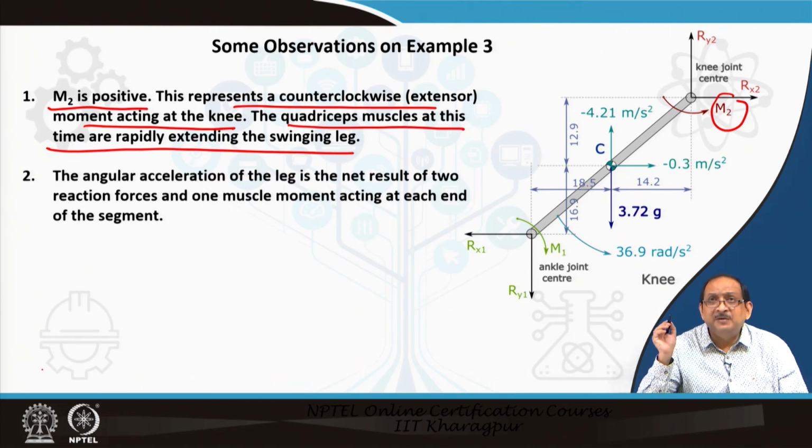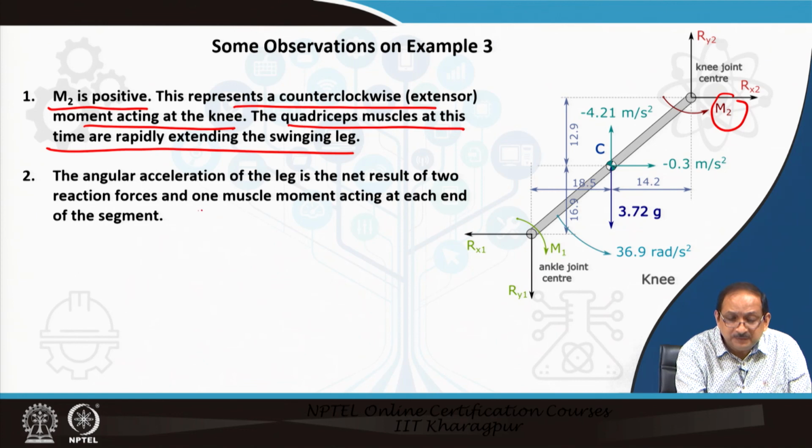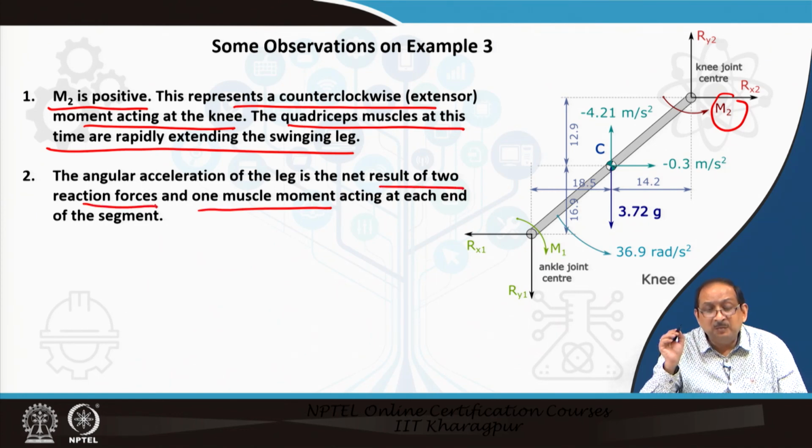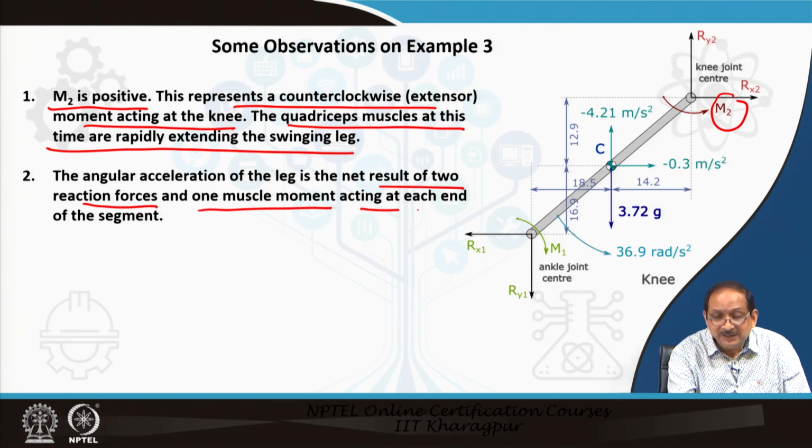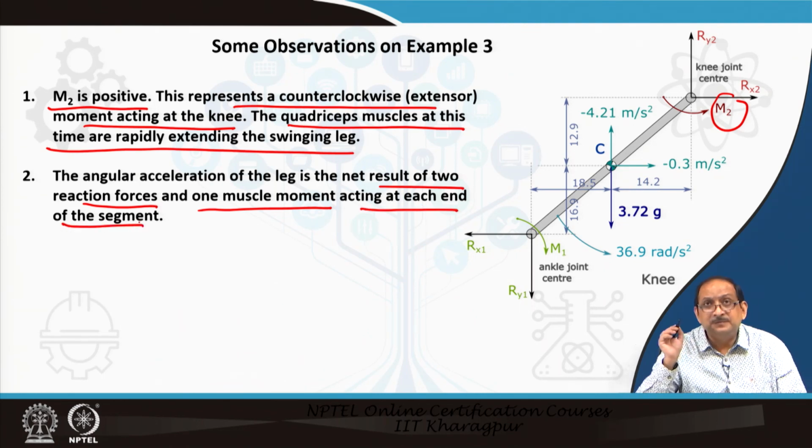The angular acceleration of the leg is the net result of two reaction forces and one muscle moment acting at each end of the segment.